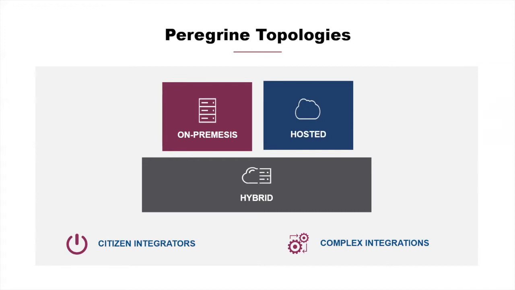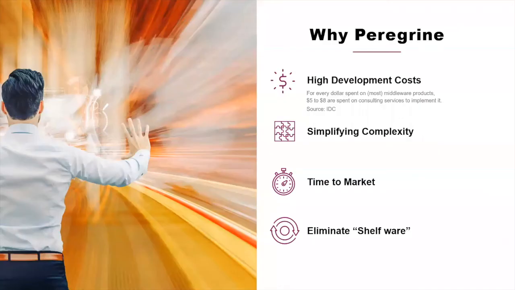You can install it on-prem, you can install it hosted in the cloud, and with Peregrine Connect, you can create these hybrid integration scenarios, tying on-premise applications easily with cloud-hosted applications and your custom business logic, supporting everything from citizen integration scenarios to very complex enterprise scenarios, something we've always been, quite frankly, famous for.